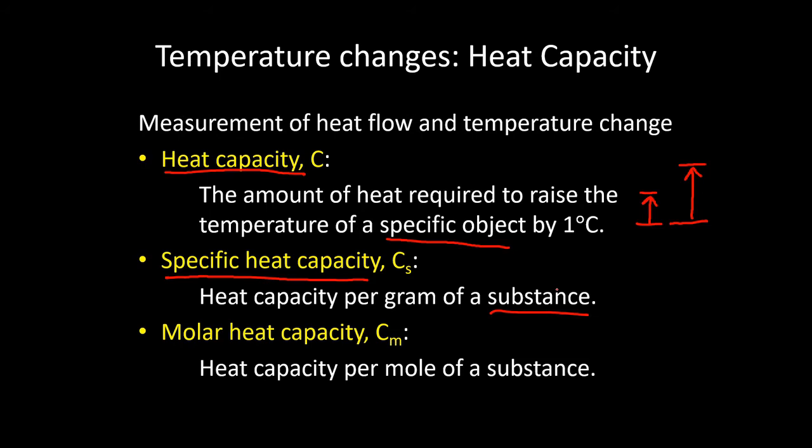And so then at that point, if you know the specific heat capacity of the material, you can just take that number and use it on any beaker that you have in the lab, just as long as you know how big the beaker is, because it does matter how much stuff is in the sample. But this is a much more useful term, the specific heat capacity, than just the regular heat capacity.